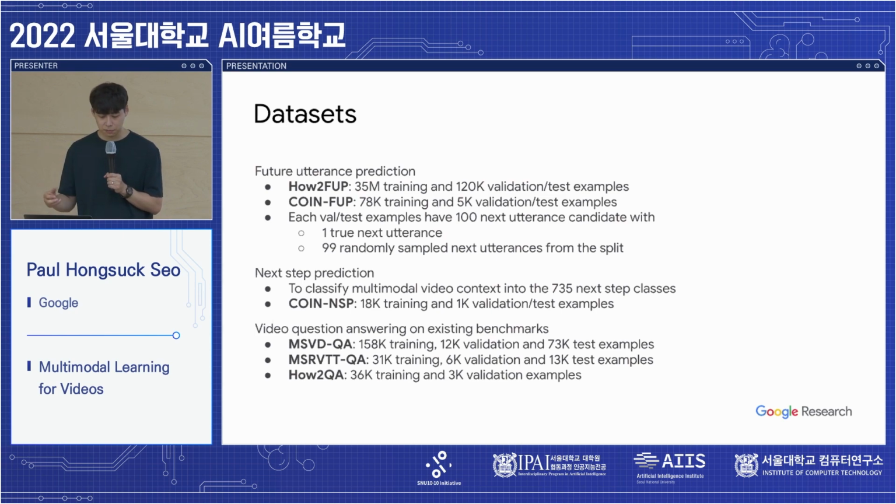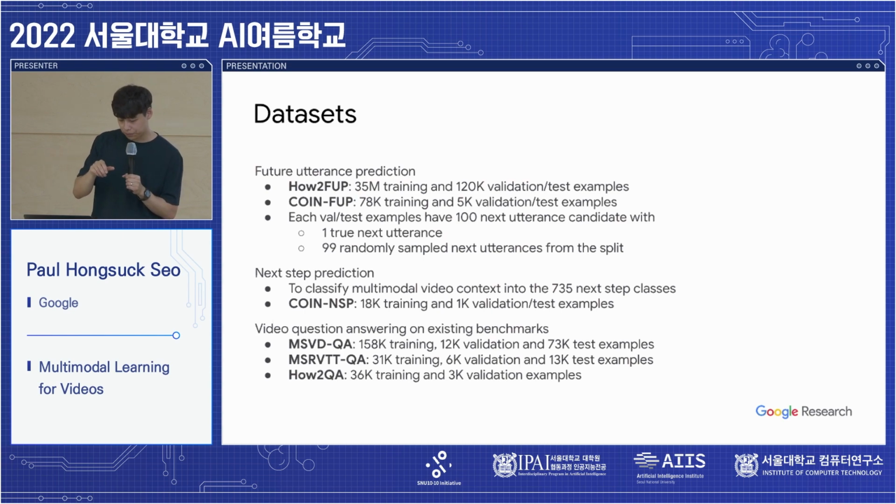Additionally, in next occurrence prediction, the sentence structure is quite important to predict the next occurrence. But can we actually test the model's capability of predicting what's going to happen next, not in a sentence structure sensitive way? We wanted to test that capability by formulating next step prediction, because Coin is annotated with the steps of the instructions.